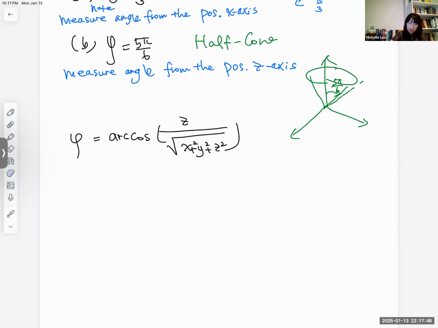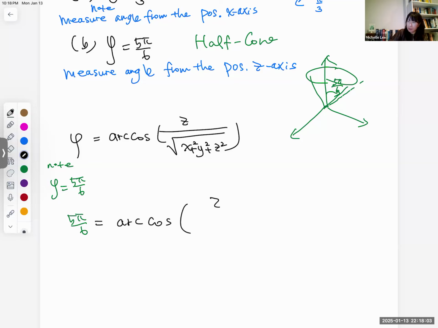Then phi equal to 5 pi over 6, right? So we have 5 pi over 6 equal to arc cosine of z over square root of x squared plus y squared plus z squared, right?